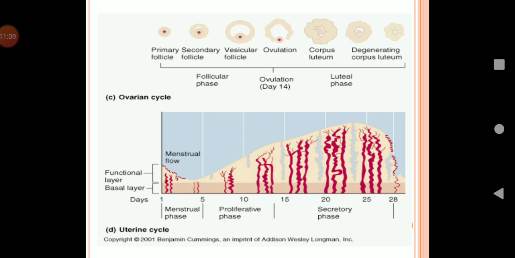Not only that, the ovulation time, how the primary follicle develops and forms ovulation, and then it becomes corpus luteum, and the corpus luteum degenerates in the luteal phase depending upon the fertilization.